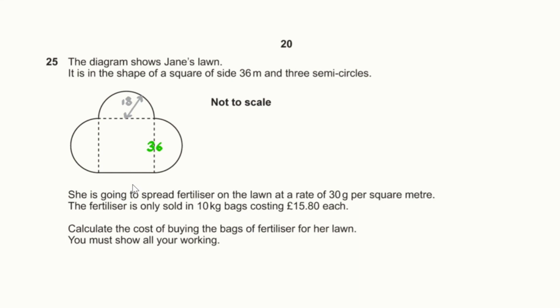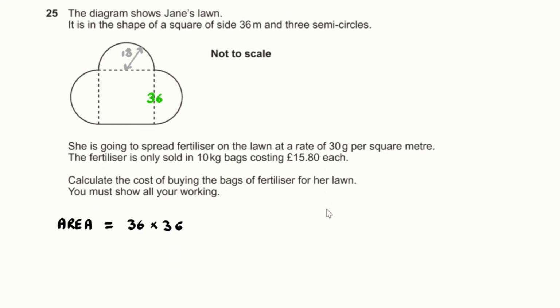So now what we can do is find out the area of the lawn. We've got 36 times 36, which is the square bit, and then we've got 3 semicircles, so the area of these will be pi times 18 squared, and then we need to divide this by 2.